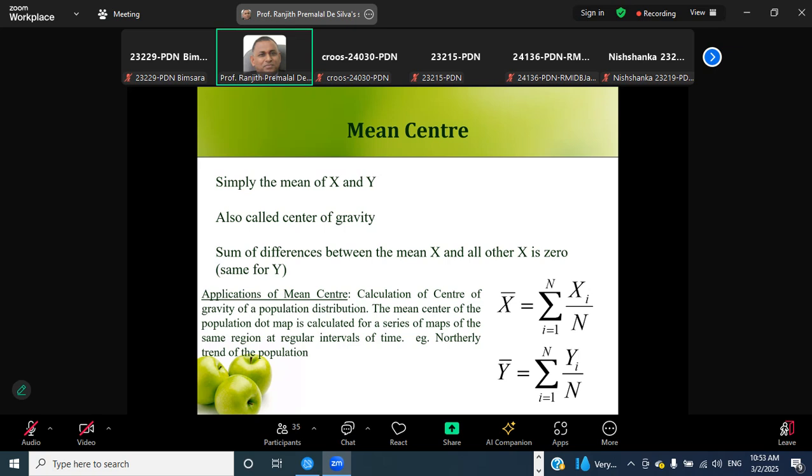Once the calculation is very easy, but there may be very useful applications coming out of this. So it's just a summation of X and Y values, but it can give us insights into how a society behaves. Right?